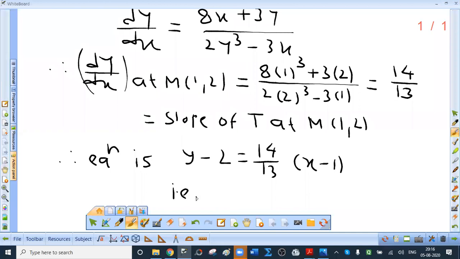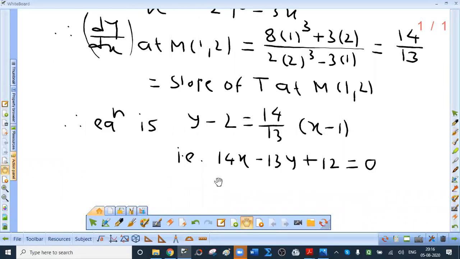Rearrange the terms and tell me what is the answer. So if you simplify this, I think you get 14x, right, minus 13y plus 12 equal to 0. Check this. 14x minus 13y plus 12 equal to 0. Yes, this is tangent.